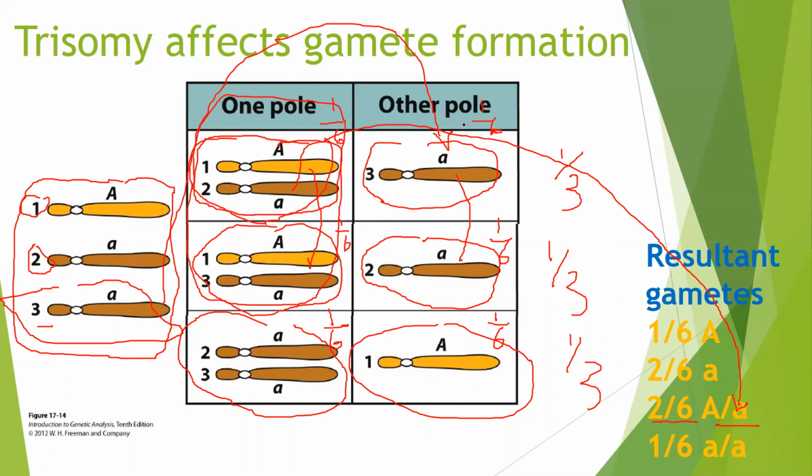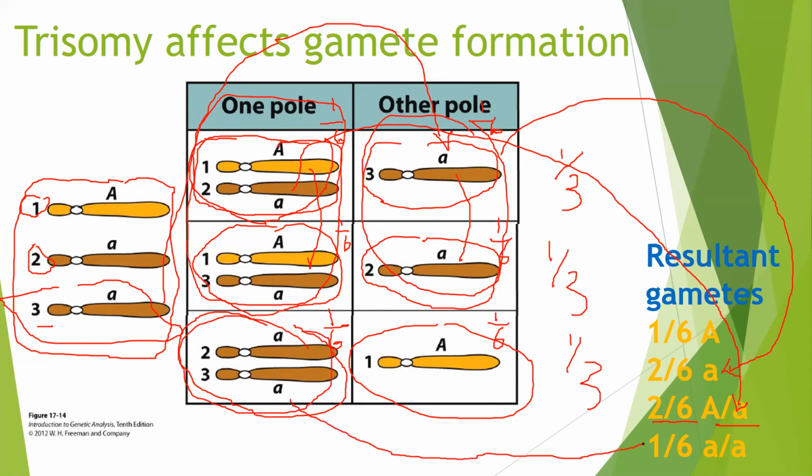You can combine these two as well because their genotypes are the same. And then you have 1/6 of this and 1/6 of this. That's where the frequency came from. I hope this is clear.